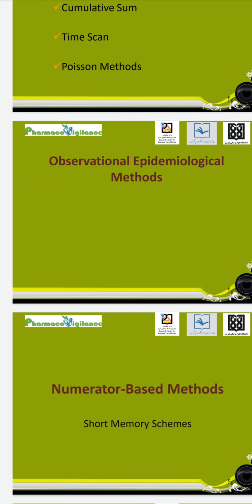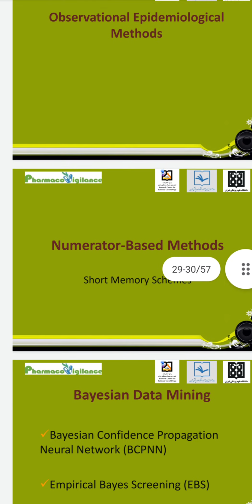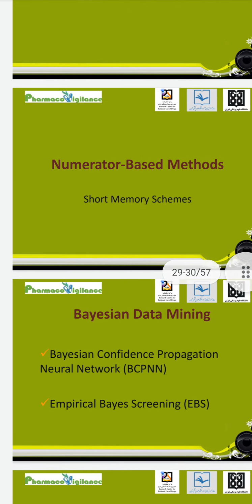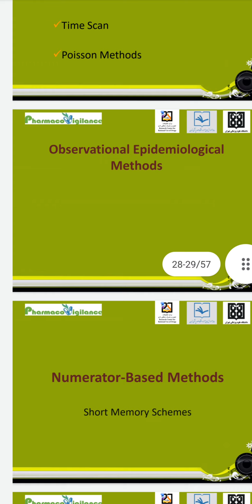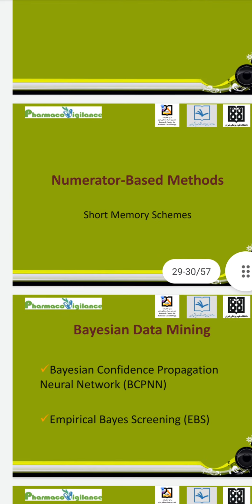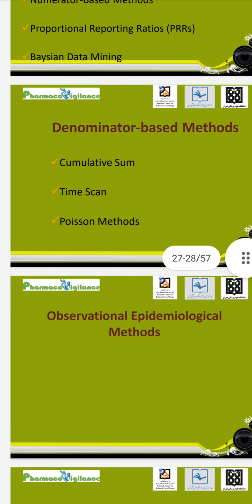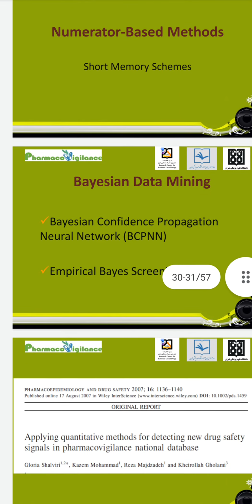Observational epidemiological method: observation in patients, in populations, or experimental. For the numerator-based method, we have short memory schemes. While for the denominator, we have cumulative sum, time scan, or Poisson's method.